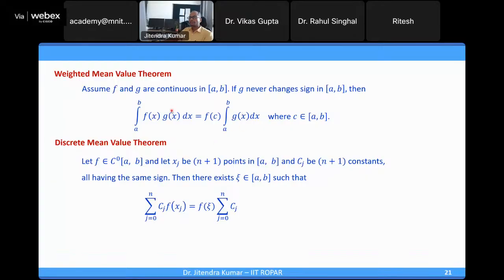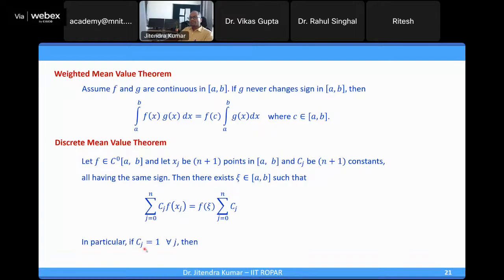So the other function f, we can take it out, and f will be evaluated at some point xi in this interval, and then you simply sum the c_j, as we were integrating this g alone.